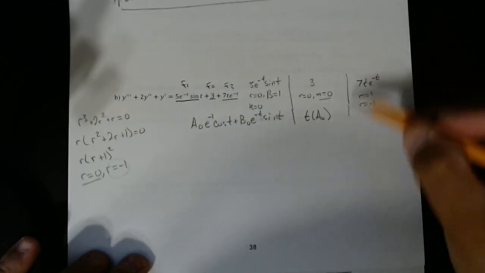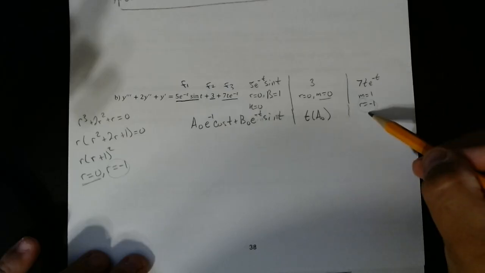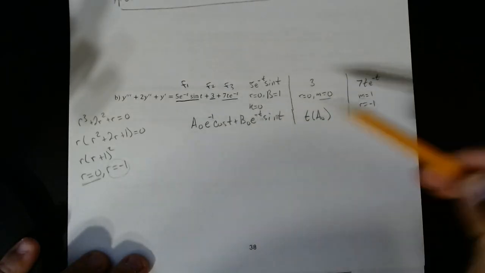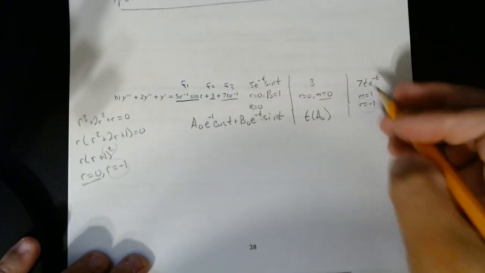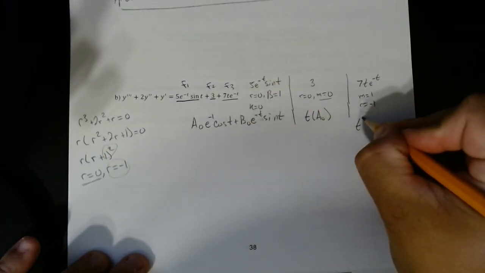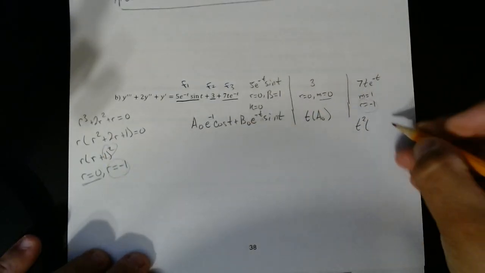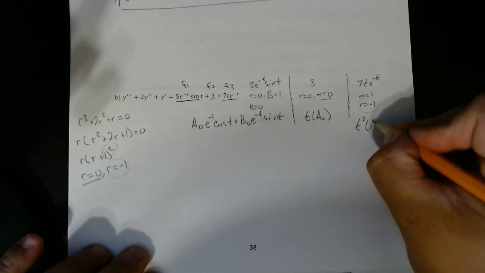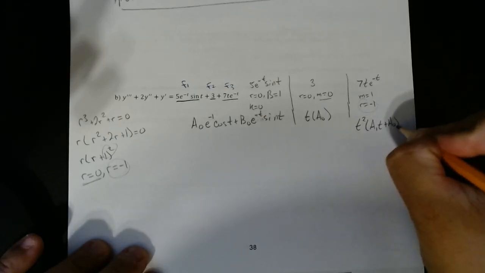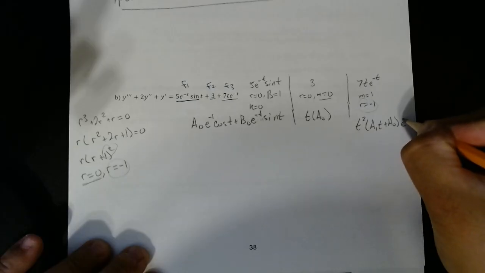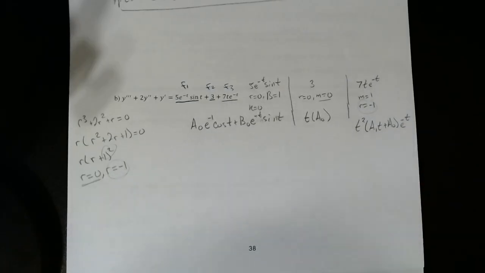Okay. And on this side, it's also a root, and it's a double root, right? This is a double root. So this is going to be t squared, and then m is equal to 1, so a1t plus a naught, t raised to the e to the negative t power.